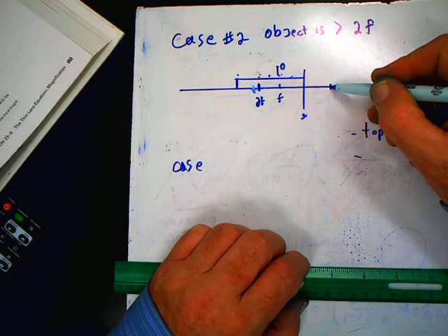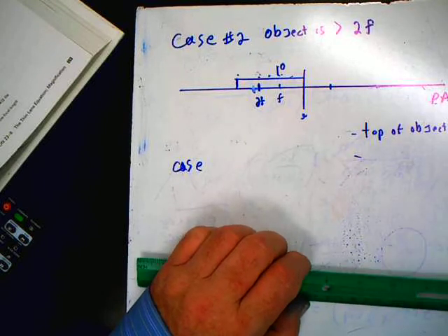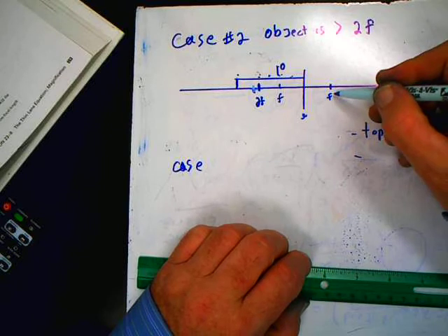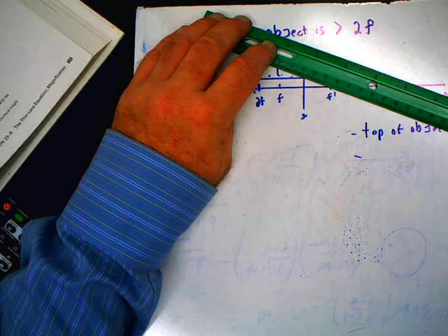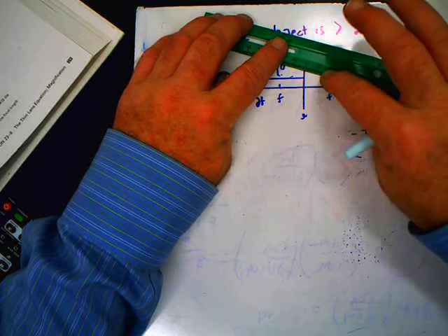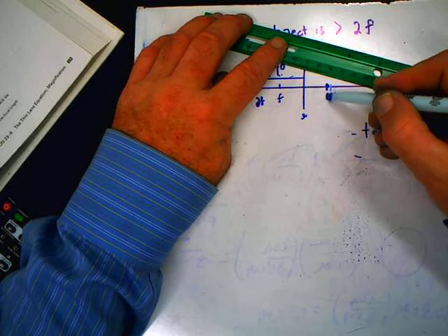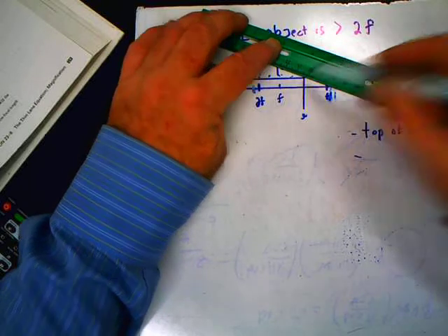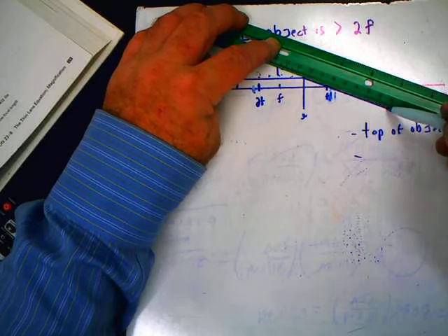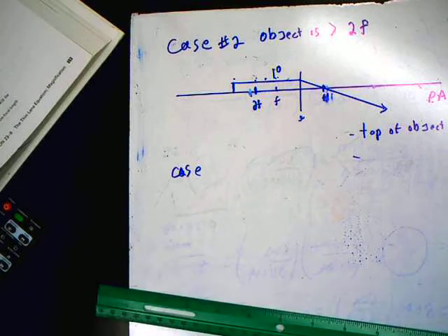That's the first path. You're learning how to do ray diagrams. Then you have to go through what we call F prime. I have to make this super accurate, otherwise it won't work so well. So I go from where I was through F prime. That's called the primary ray.